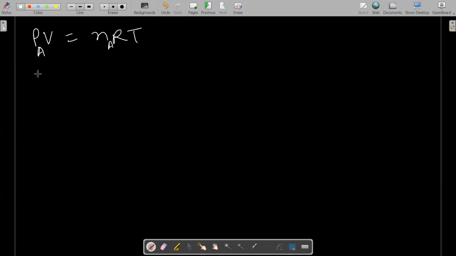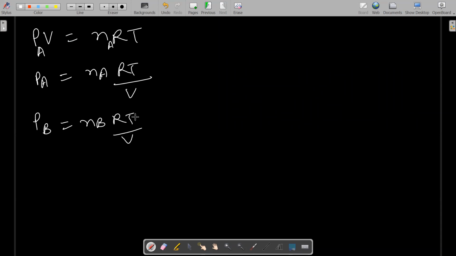So we can write PA is equal to nA RT by V. Similarly, for gas B, PB is equal to nB RT by V.